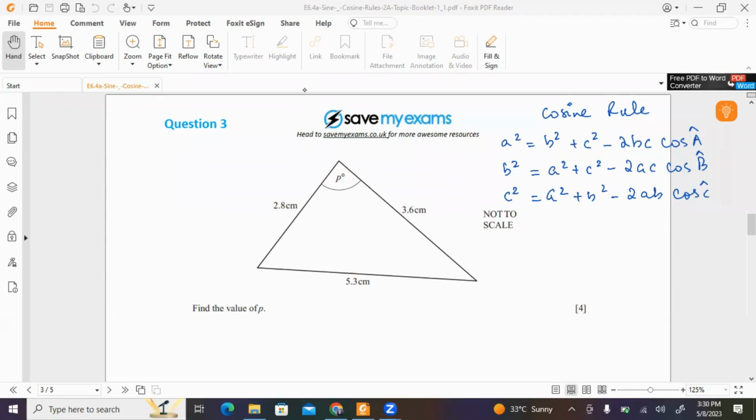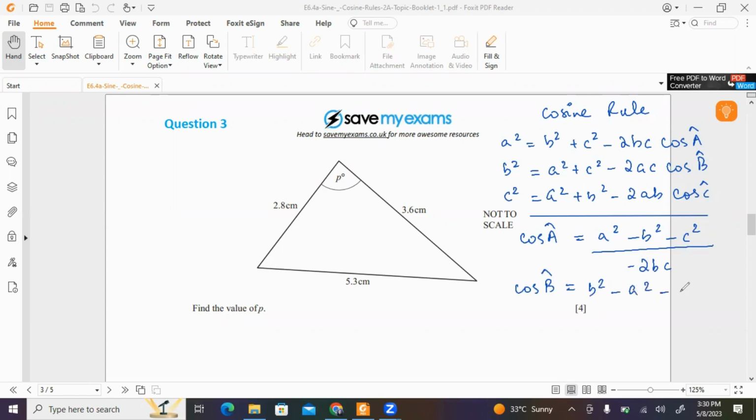And in case we're trying to find the angle, the formula becomes cos A equals a squared minus b squared minus c squared over negative 2bc. If we're trying to find angle B, it becomes b squared minus a squared minus c squared over negative 2ac.